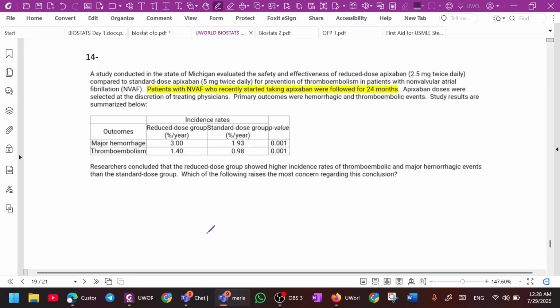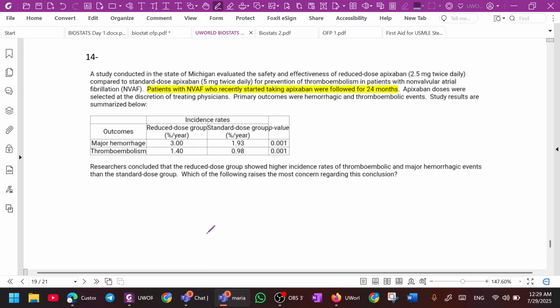A study conducted in the state of Michigan evaluated the safety and effectiveness of reduced dose apixaban 2.5 milligram twice daily compared to standard dose apixaban 5 milligram twice daily for prevention of thromboembolism in patients with non-valvular atrial fibrillation.